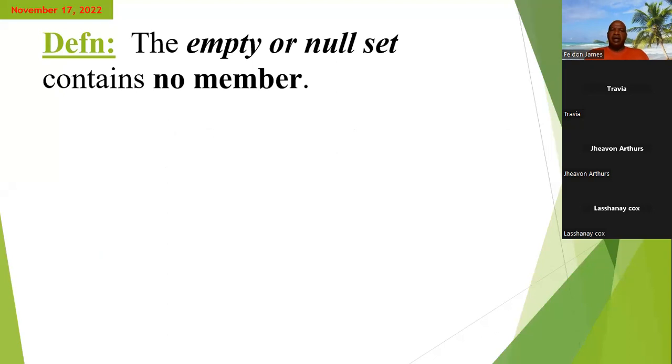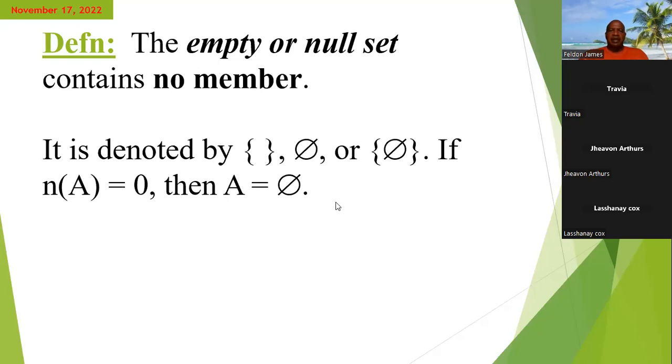Now moving on. So we have the empty or null set. We would have mentioned this set already, that it consists of no members whatsoever. So it is a set without members. These are the symbols that are commonly used when we are referring to the empty set. So you may see the braces without any elements between them.